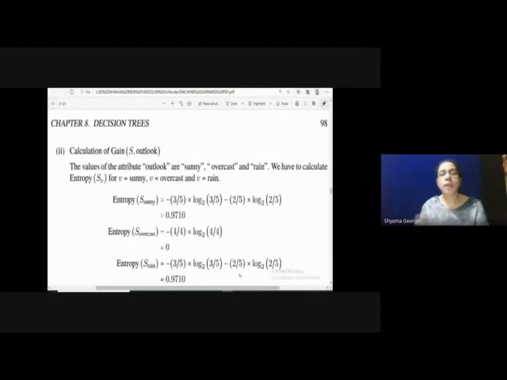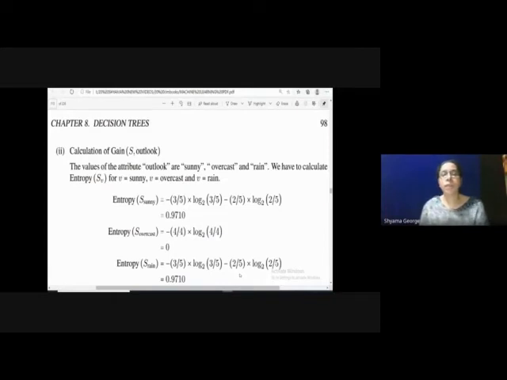Now, for each attribute, you have to find the corresponding entropy values. When you take outlook, you can find that there are 3 different values in the feature outlook. They are sunny, overcast, and rain. So you have to calculate entropy of sunny, entropy of overcast, and entropy of rain.